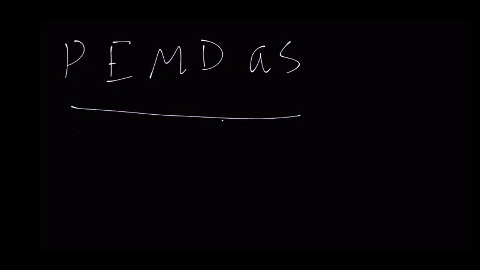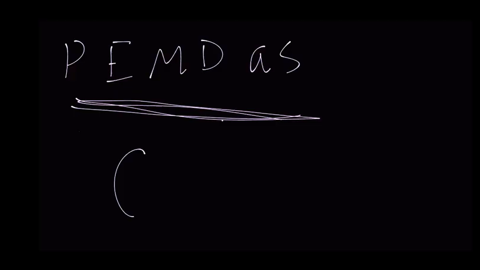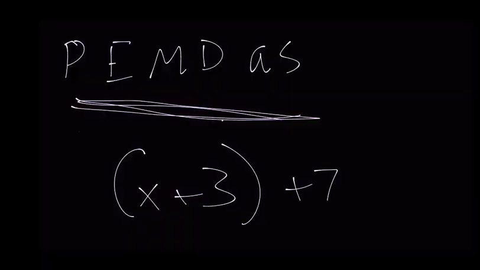You always start from parentheses. In algebra, pre-algebra, you're gonna learn how to use this correctly, PEMDAS. So you always start with parentheses. You always go X plus 3 and plus 7, right? If it's like that, you always add these two numbers first.